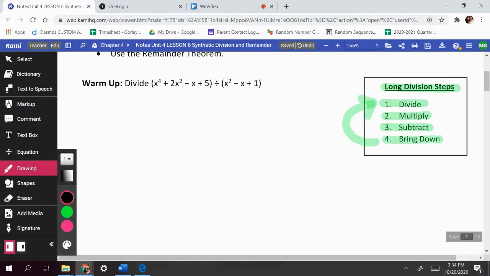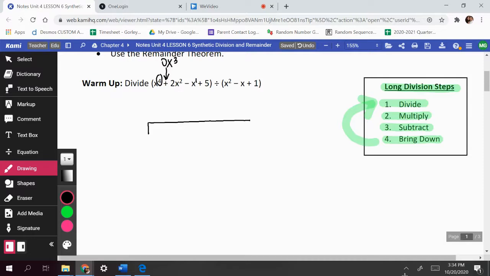Okay, so I'm going to go ahead and write my dividend underneath this long division bar. Remember, if there's any term that we're missing, we need to put a zero placeholder in. So I see x to the fourth. I'm missing x cubed, so I'd have to put 0x cubed. 2x squared.